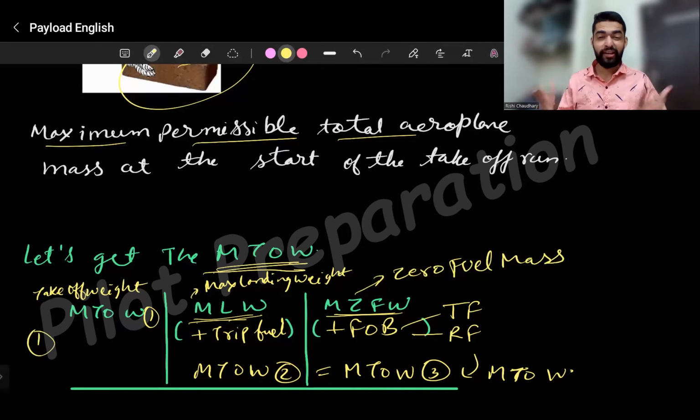Now I have the variety which I want in my life. My first maximum takeoff weight is directly given, that is the weight you have during takeoff. The second is maximum landing weight plus trip fuel, which again gives me maximum takeoff weight. And this is maximum zero fuel weight, which needs to be added with fuel on board, which gives me maximum takeoff weight part 3.